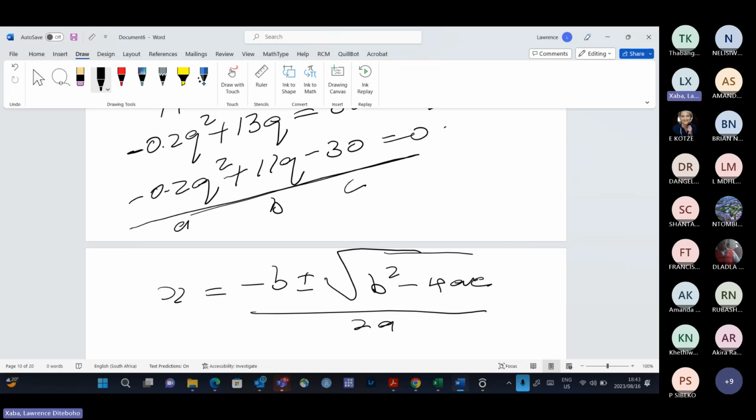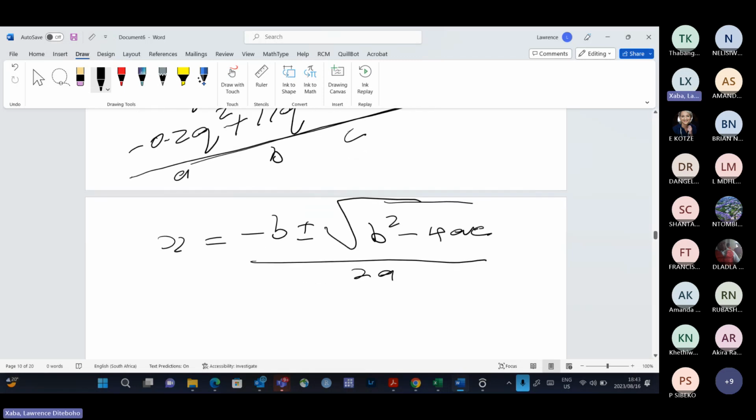So you can just plug all this information that you have into this equation and substitute here. So we can have our two values.